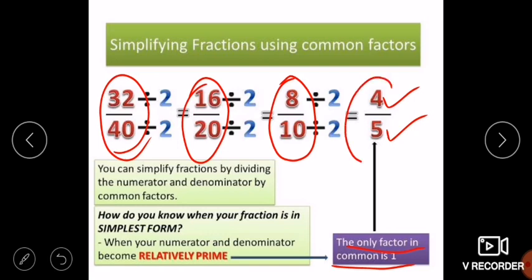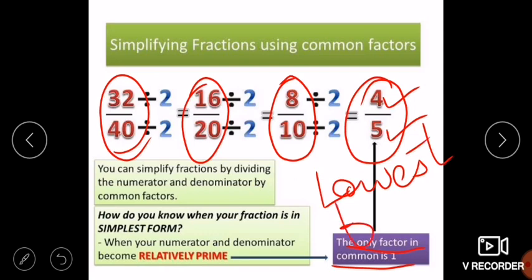So this fraction 4 by 5 is called to be in its lowest form. Do you understand what it means? What do you mean by lowest form? Lowest form means when you get only 1 as a common factor among the numerator and the denominator.